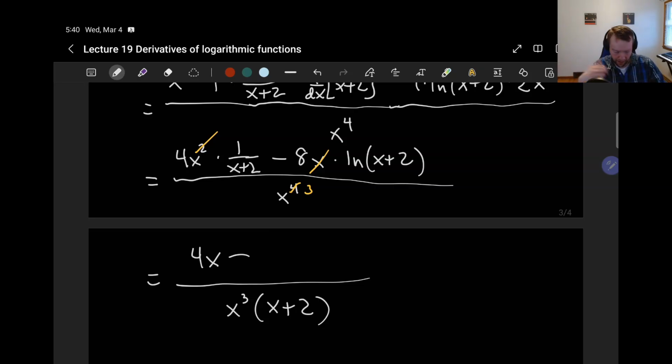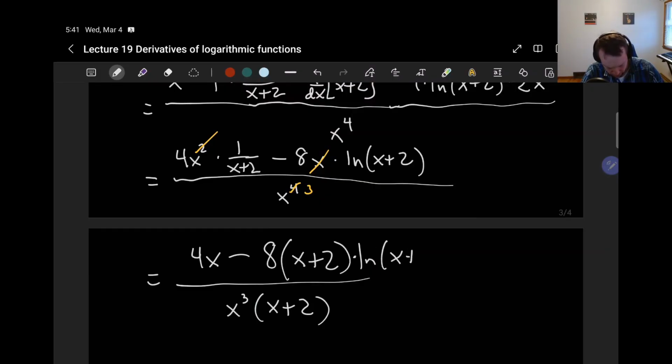If I'm going to do that, I have to account for it in this other term. Right, so I have to multiply this term by x plus 2, since I put an x plus 2 down here in the denominator. Let's say times ln of x plus 2.